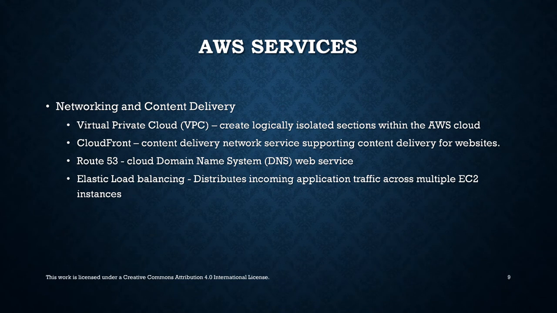CloudFront is a content delivery network service designed to accelerate delivery of website assets such as video content and programming interfaces. Route 53 is a cloud DNS web service. This service helps simplify the mapping of a specific IP address to human-readable names. For example, the umec.edu human-readable name is a translation from a series of IP addresses uniquely identifying network servers and resources.